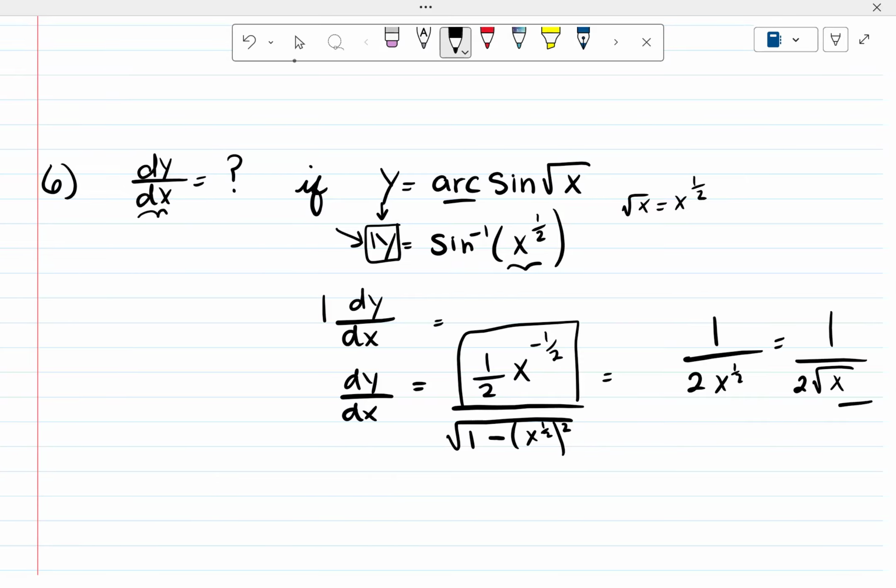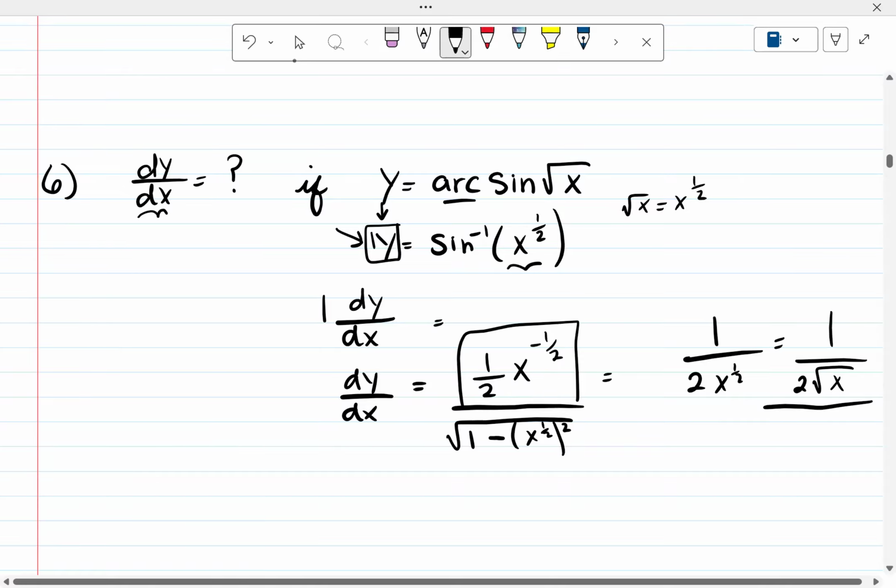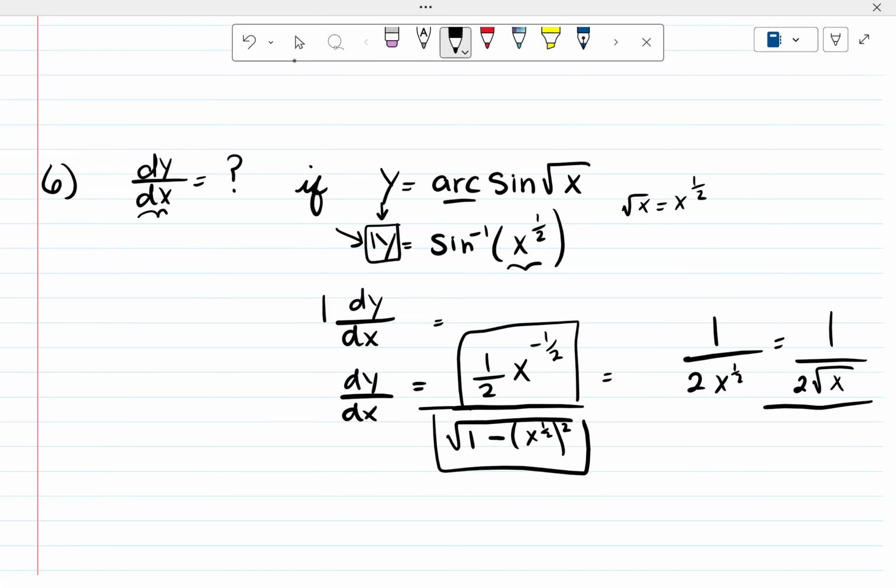And on the bottom, this whole thing is your denominator. So what is that going to be? It's going to be the square root of 1 minus, what's x to the 1/2 squared? Well, remember when you raise a power to a power, you multiply the exponents. So 1/2 times 2, it disappears. You're just left with x.